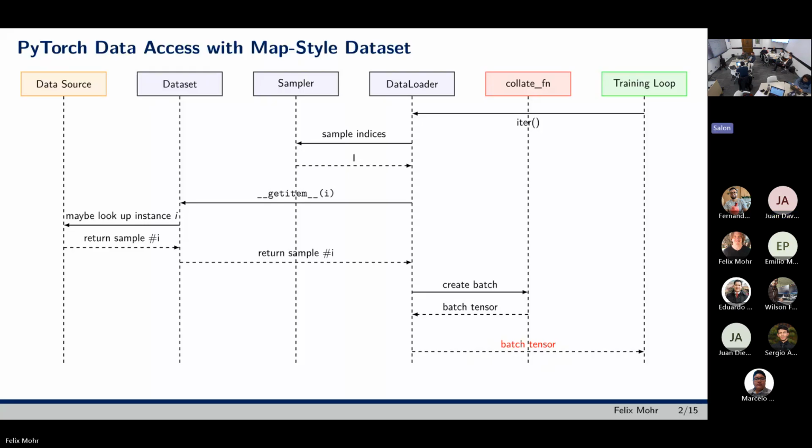In the diagram, I understand that the data loader has the possibility of collecting the data, and when you go to the collate function, it sends just the structure of the batch tensor, but not the batch tensor itself.